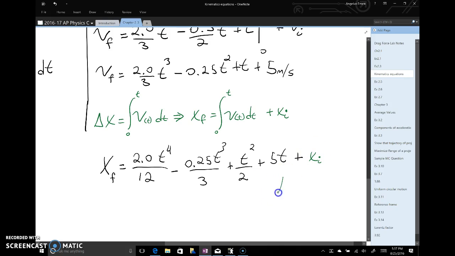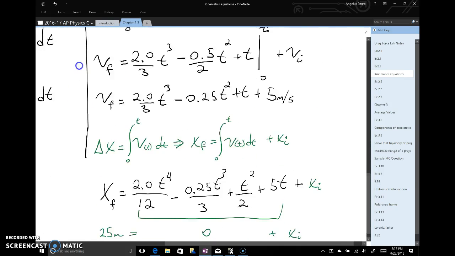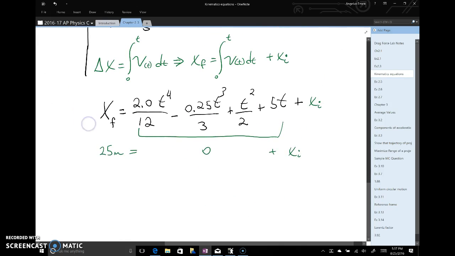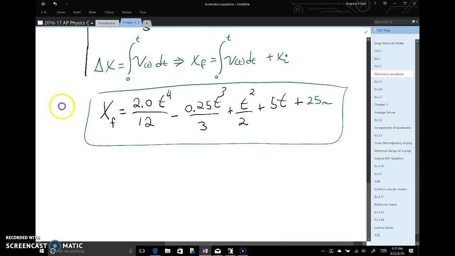So we've got 0 plus x initial is supposed to be equal to 25 meters, because that was our initial condition up here for the position. So we know that x initial has to be equal to 25, and that's what's happening there. So we plug in 25, and then this is our position function.